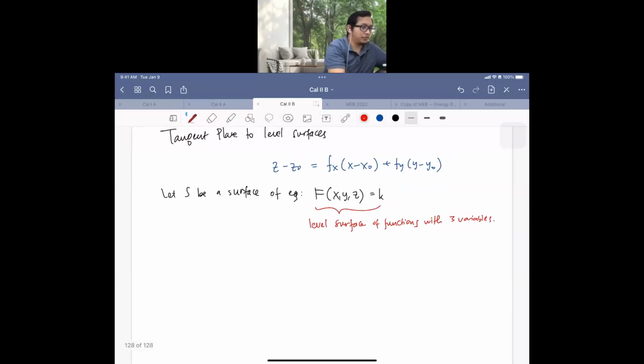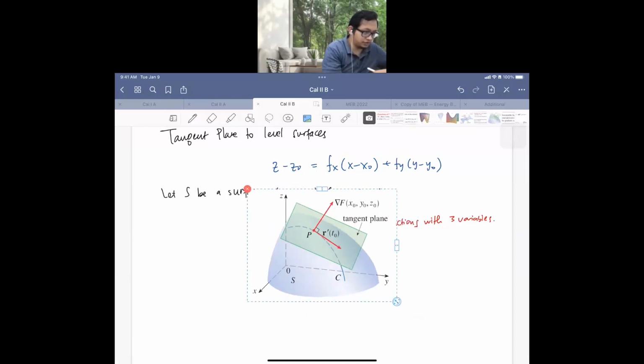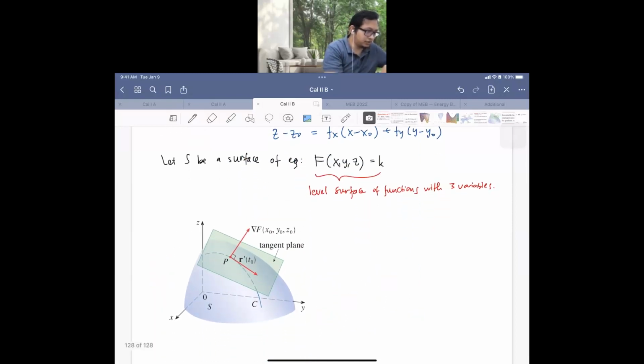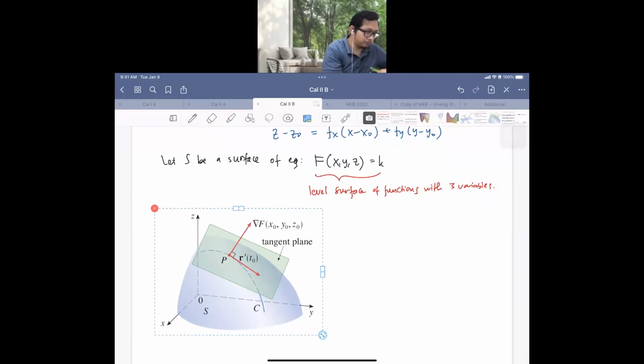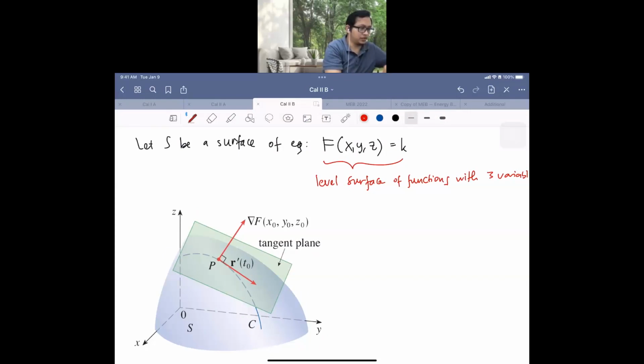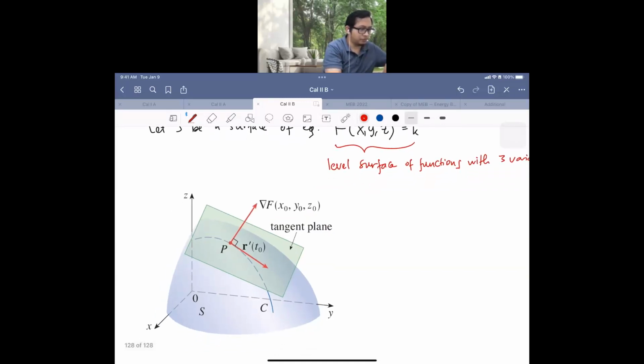Okay, let me put in the illustration to make sure that this is clear and understandable. Okay, so this is the function. Now, as you can see, it has a point P, our observation.